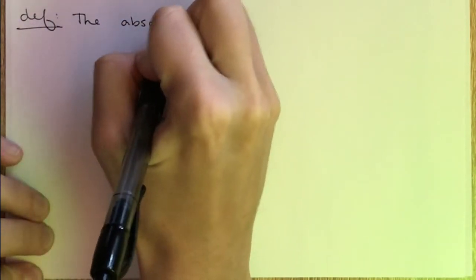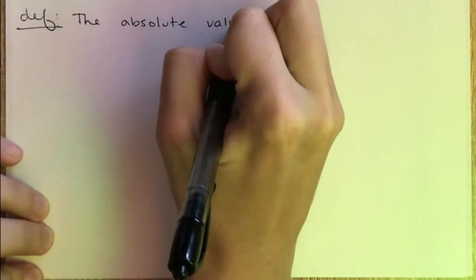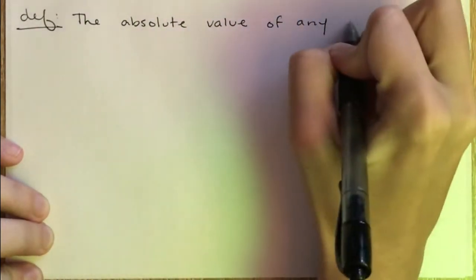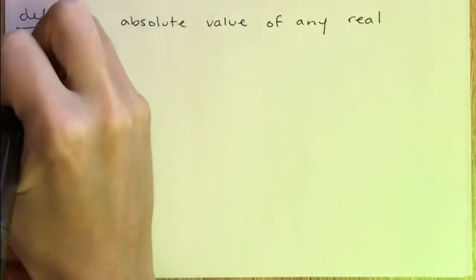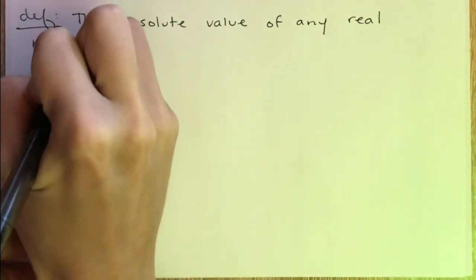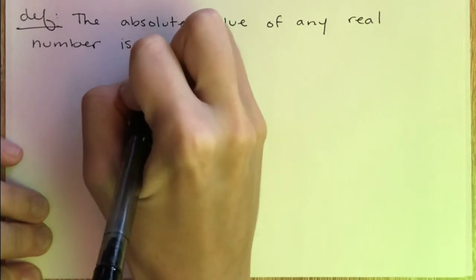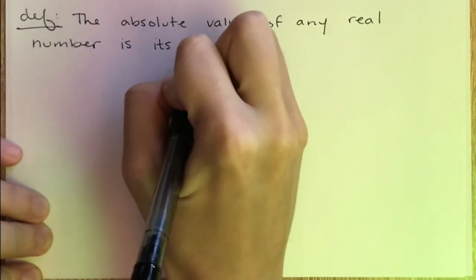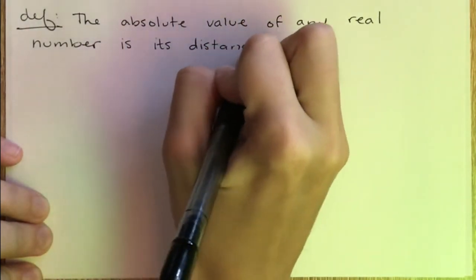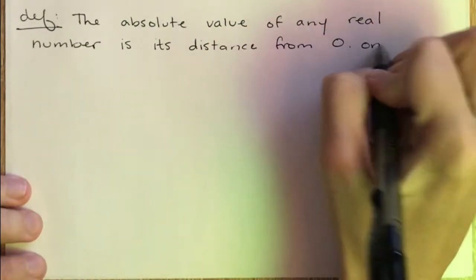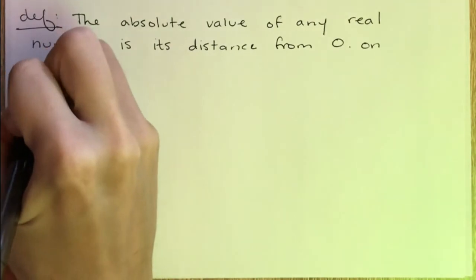Well, the absolute value of any real number is its distance from 0 on the number line.